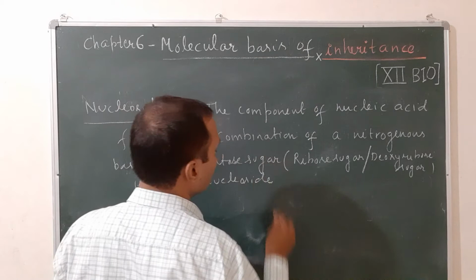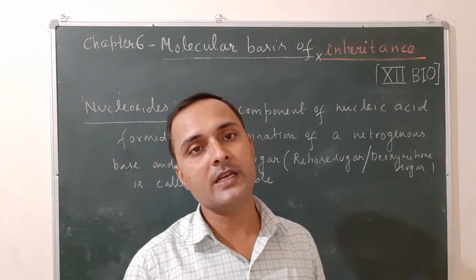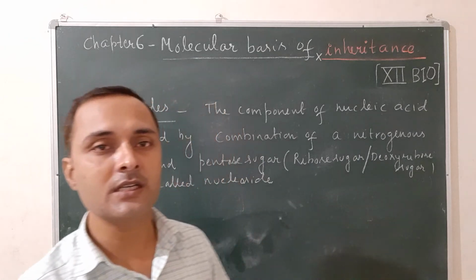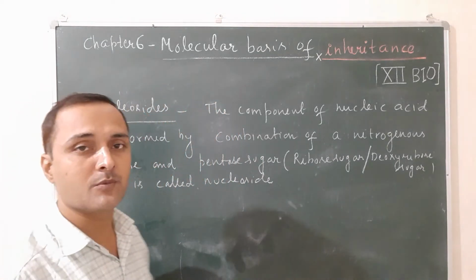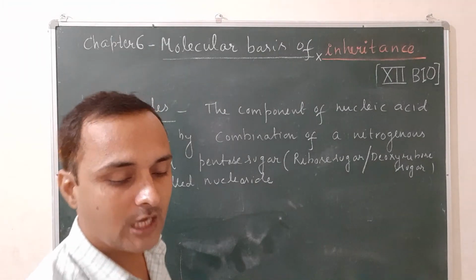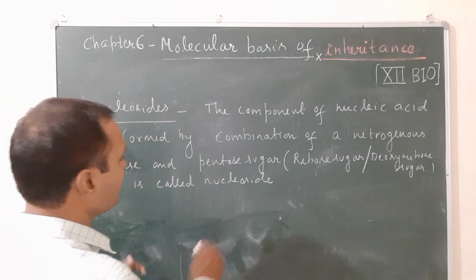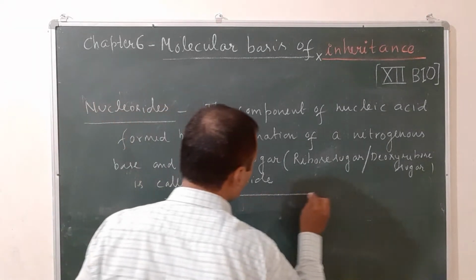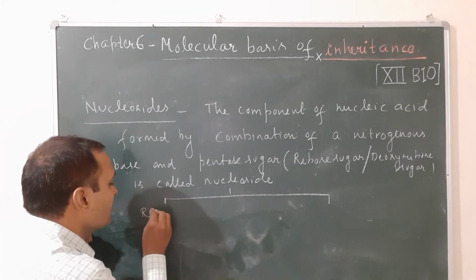Okay, and nucleosides further classified into 2 types. When it is found in DNA, it is called deoxyribonucleosides, and when it is found in RNA, it is called ribonucleosides. First one is called ribonucleosides.